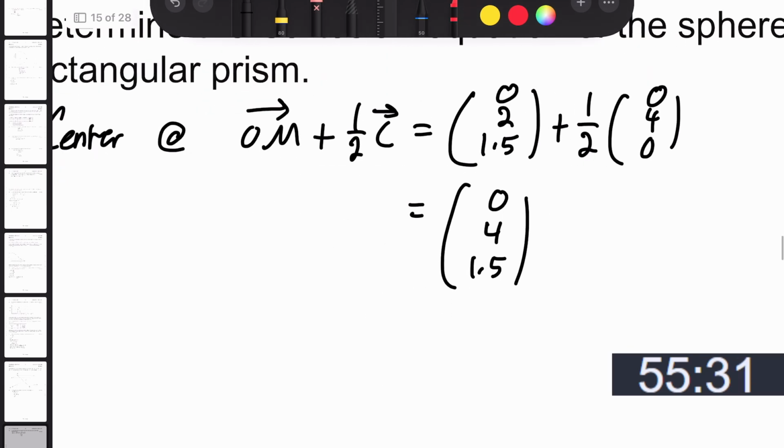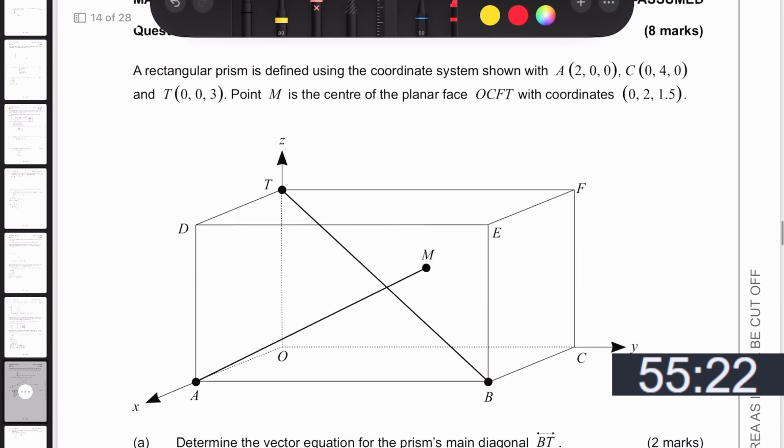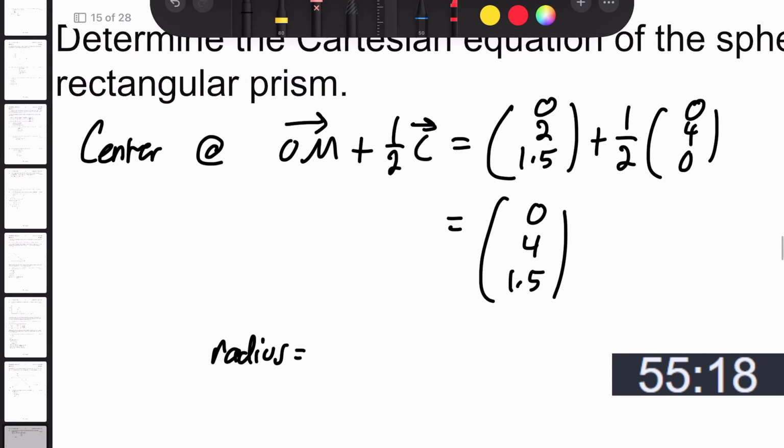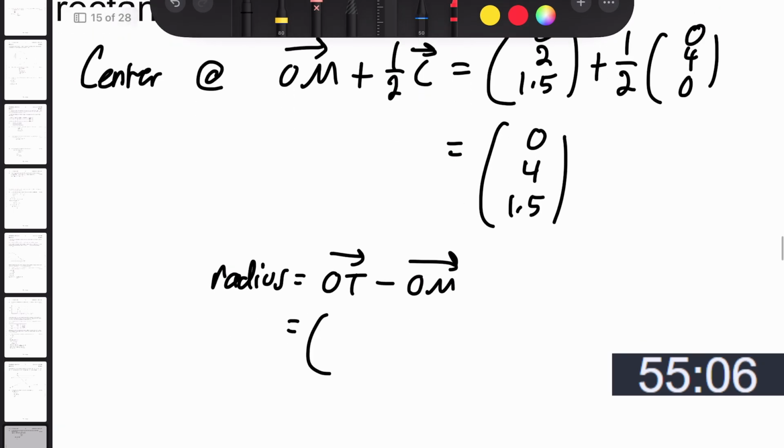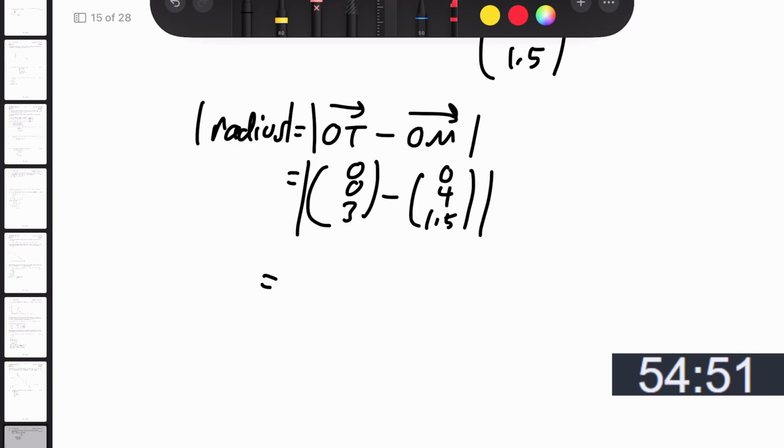And then radius is equal to, let's take some point T, so 0, 0, 3, so it's OT minus OM, which should be equal to 0, 0, 3 minus 0, 2, 1.5, and this is 0, -2, 1.5. The radius is the absolute value of that.